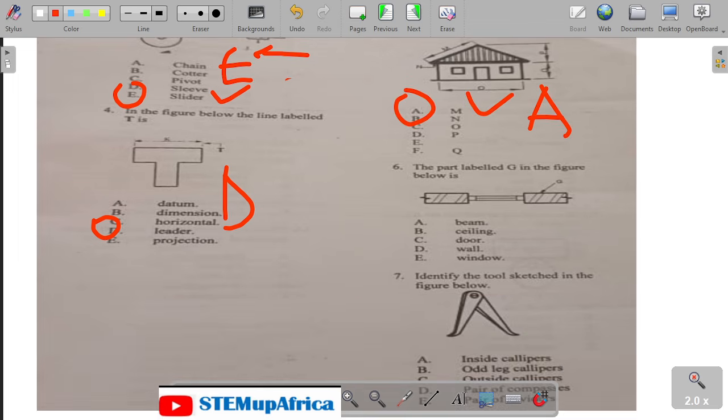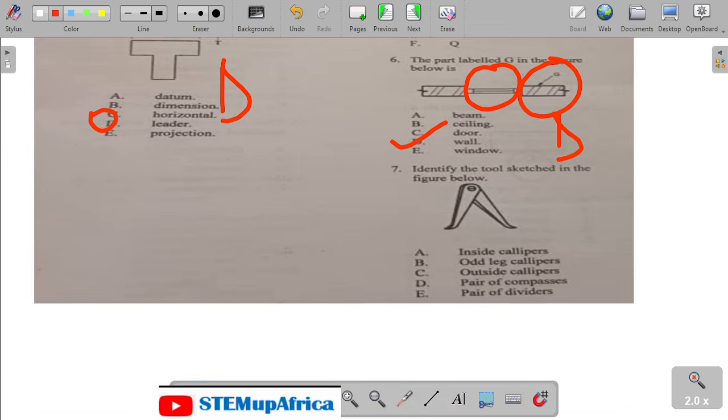Then let's look at question 6. The part labeled G, you can see this is a window. So here must be a wall, but G is a wall, which is D. Question 7 says identify the tool sketched in the figure below.